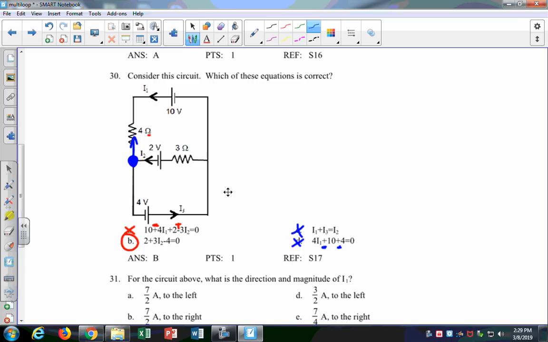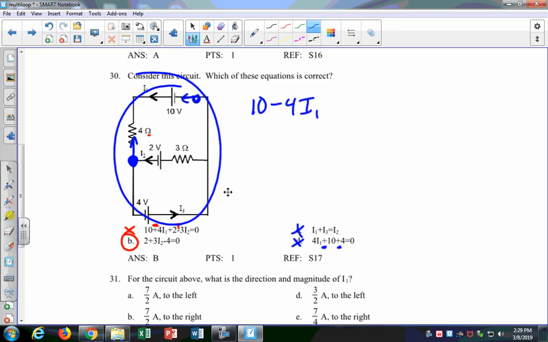And then I want to know what I1 is. In this case, in order to find I1, the easiest way is to take the big loop. If I take the big loop right here and write my equation, starting here, going in this direction, that's 10 minus 4 I1 plus 4 equals 0.